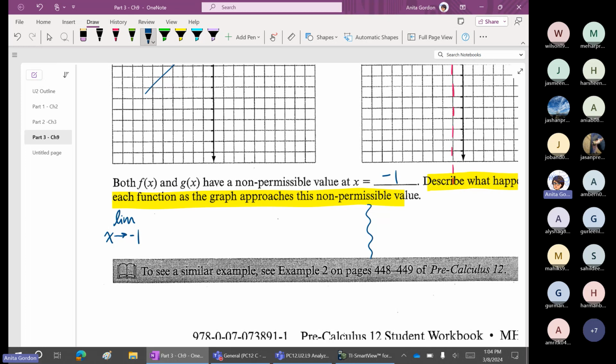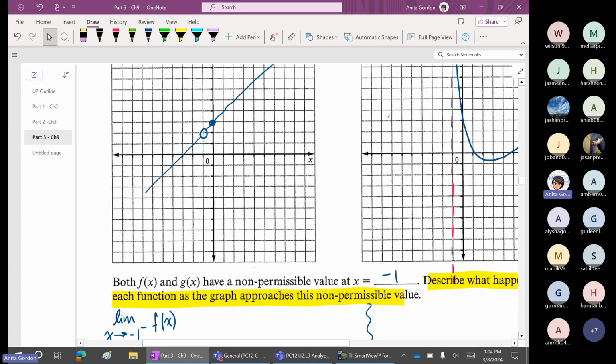When we're looking at the function on the left side, we use a little negative symbol in the exponent spot to identify that we're on the left side of f of x. So what this is saying is what is happening to the function when x gets close to -1, starting on the left.